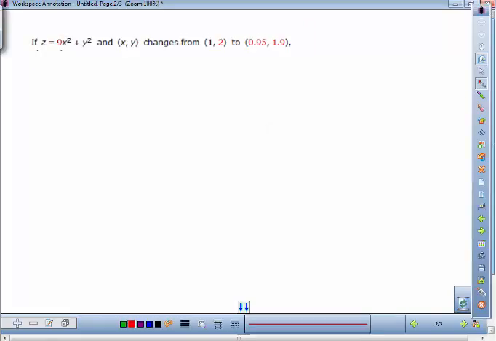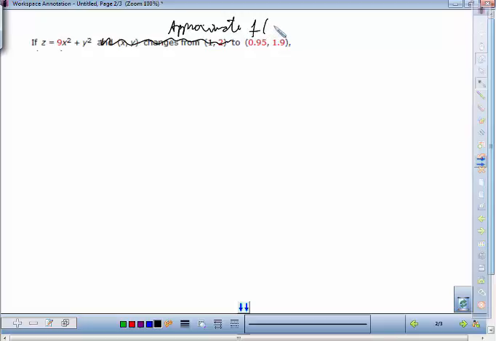So let's say approximate f of 0.95 comma 1.9.